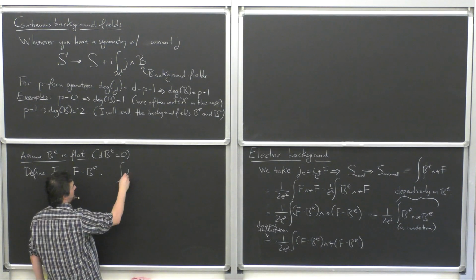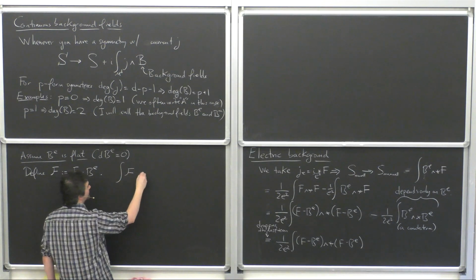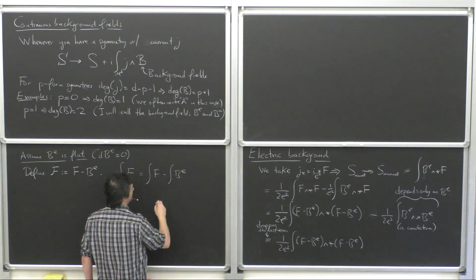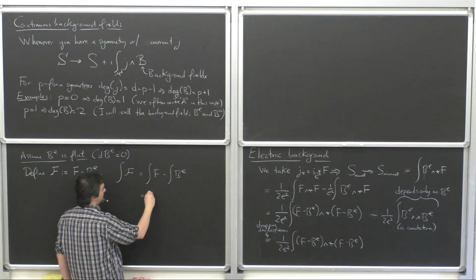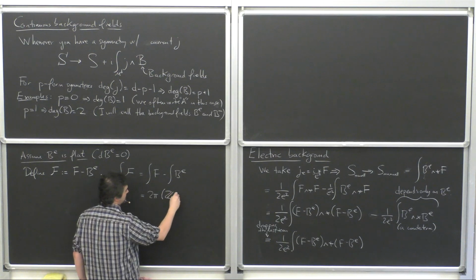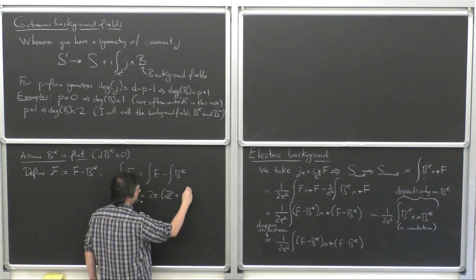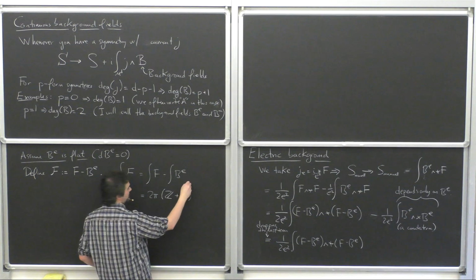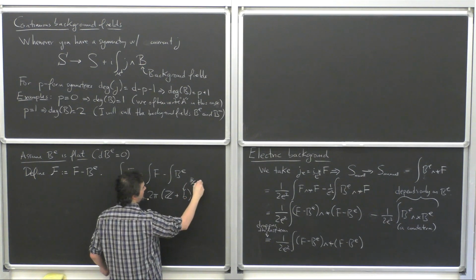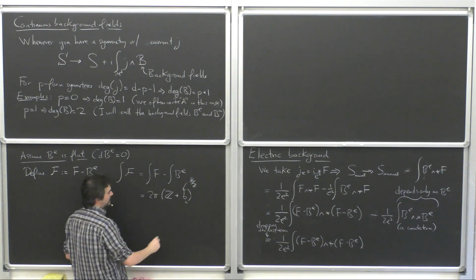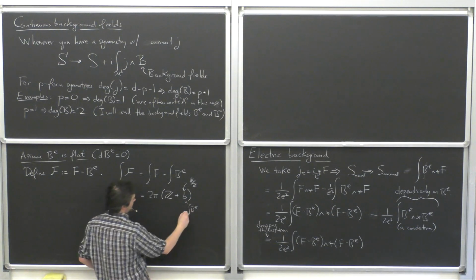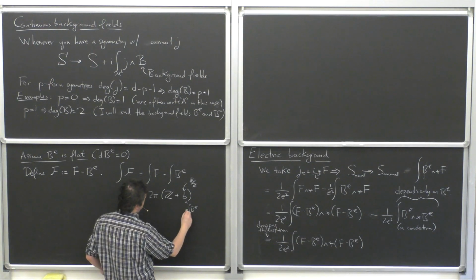The integral of curly F is the integral of F minus the integral of B. So this is valued in 2 pi integers plus some shift, which I'm going to call V. So in this definition, V is in R mod Z, and it's equal, modulo 1, to the integral of B, with a minus, divided by 2 pi.